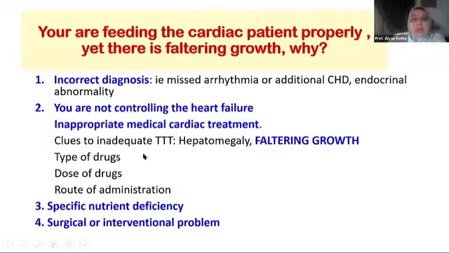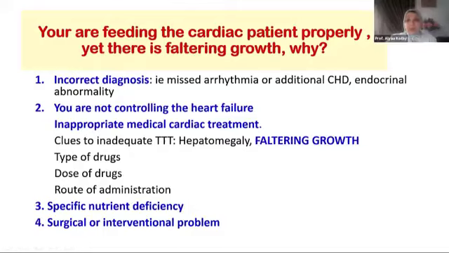Look at the type of drugs used, because the combinations are important, the doses and how and when you're going to administer them in relation to one another because of drug interactions. Specific nutrient deficiencies, like for instance selenium in patients with Keshan syndrome, they have cardiomyopathy because of selenium deficiency, so you can supplement before the patients develop the defect.